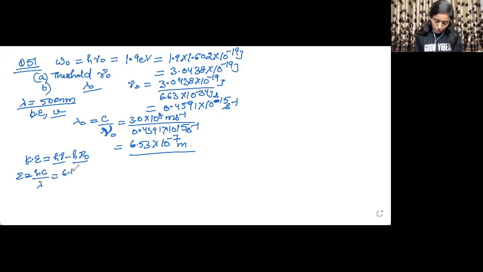So it is equal to 6.63 into 10 raised to the power minus 34 joule second into 3.0 into 10 raised to the power 8 meter per second upon lambda, which is 500 into 10 raised to the power minus 9 meter. So it is equal to 6.63 multiplied by 3 divided by 500.